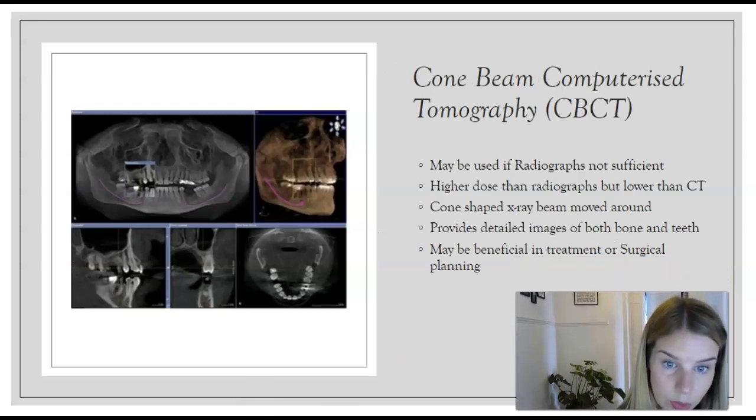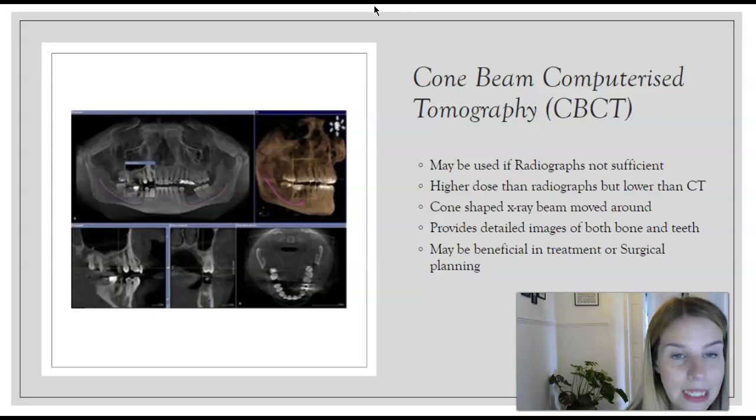So one little thing I just wanted to highlight for you. It's not just general radiography that gets used in dental imaging. Sometimes something called cone beam CT can be used, and that's if maybe the radiographs aren't diagnostic, or they're not sufficient, or they're having some sort of really intricate surgery where they want 3D formats or something like that.